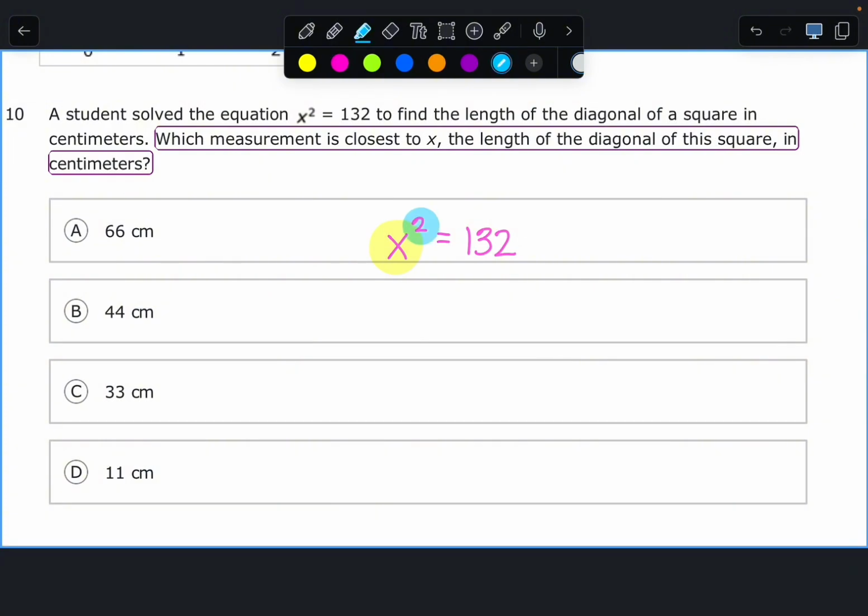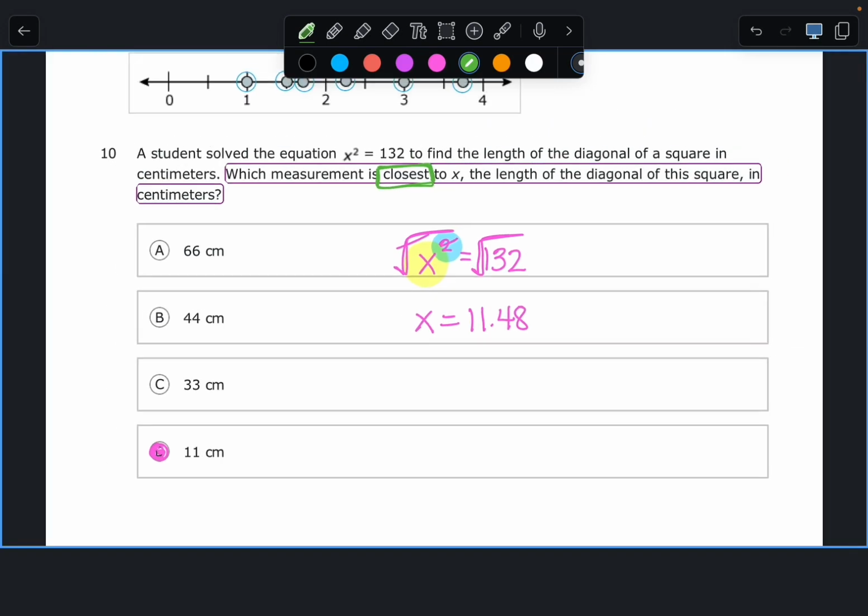The opposite of squaring a number is to square root, correct. So the square root of 132. 11.48. So what would the answer be? D. Says which measurement is closest. So you're not going to find exact, but you are going to find a number close to it. Got it?